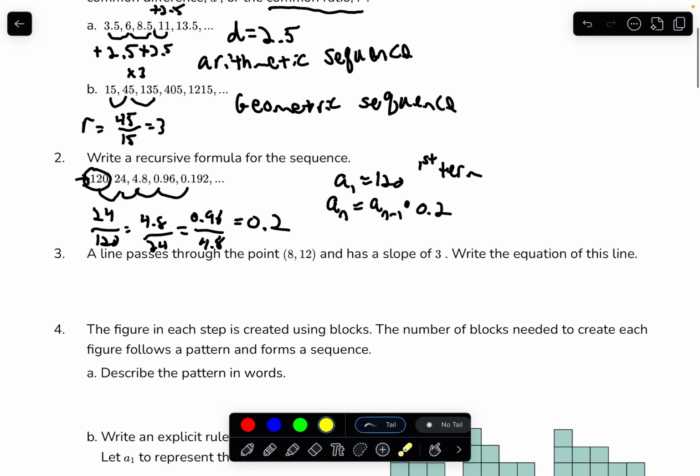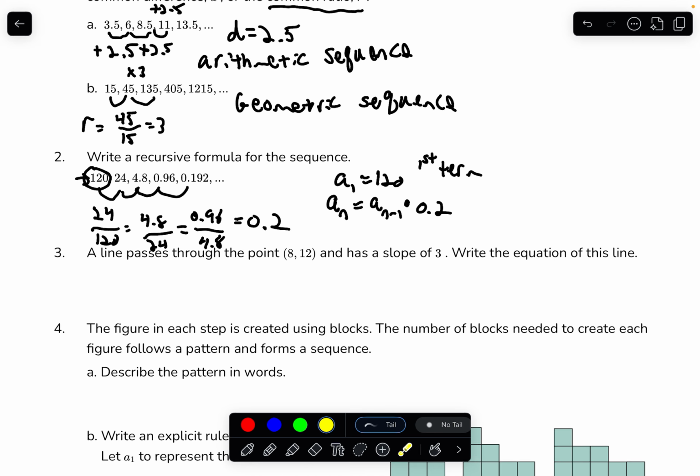All right, now the next one, a line passes through the point, so they give you the point 8, 12, and has a slope of 3, so this is point-slope form. Remember it's y equals y1 plus m times parentheses x minus x1.